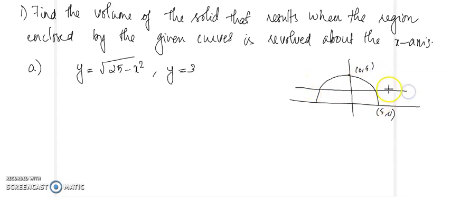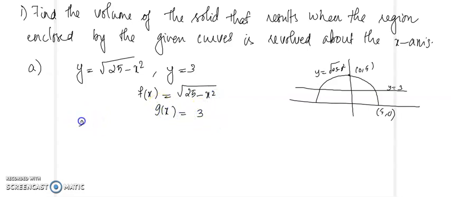Then this is the line y equal to 3. So you have y equal to 3, y equal to root of 25 minus x square. So here you have f of x equal to root of 25 minus x square, and g of x is equal to 3. So f of x is greater than or equal to g of x.